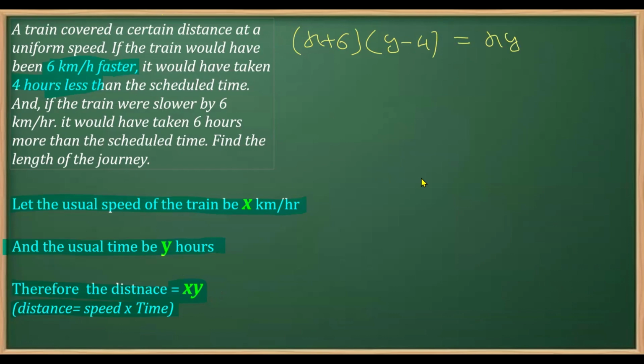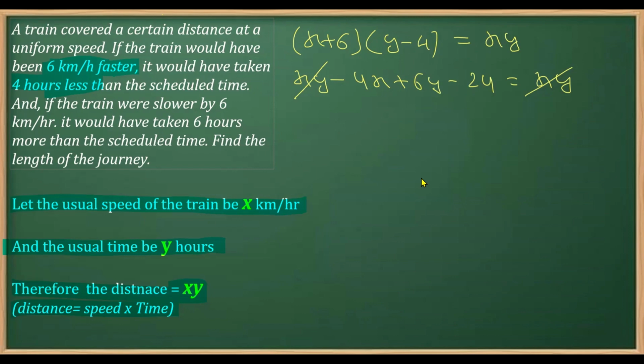Now, if I simplify this equation by binomial multiplication, x into y should give you xy. x into minus 4 is minus 4x, 6 into y is plus 6y, and 6 into minus 4 is minus 24, equal to xy. Check here, the xy get cancelled, and the reason, as you can figure out, is that they are equal.